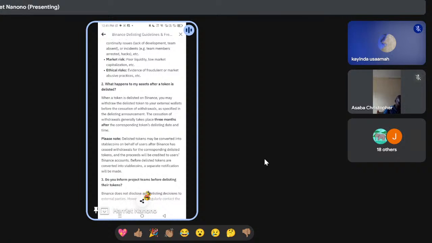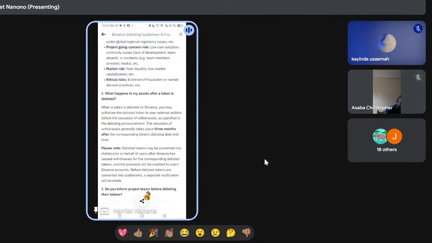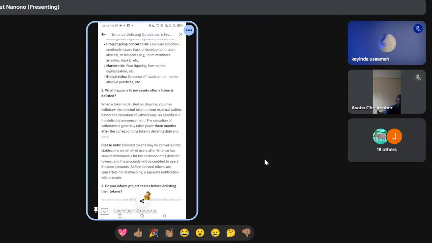As specified in the delisting announcement, they always give a withdrawal period for you to withdraw. Generally, it takes 3 months from the coin being delisted. They give you a grace period of 3 months.